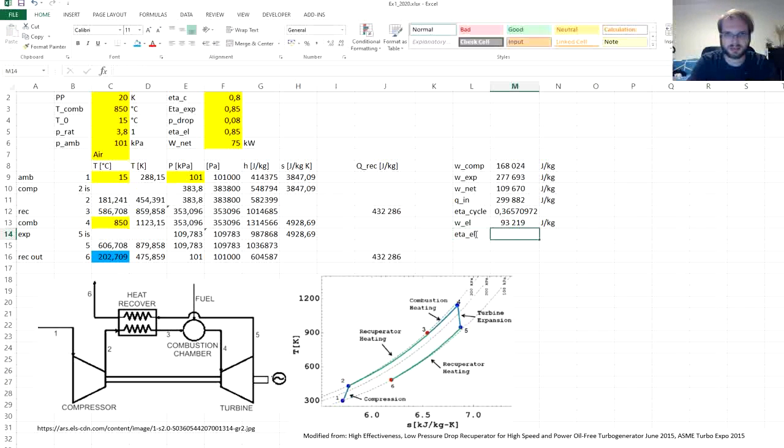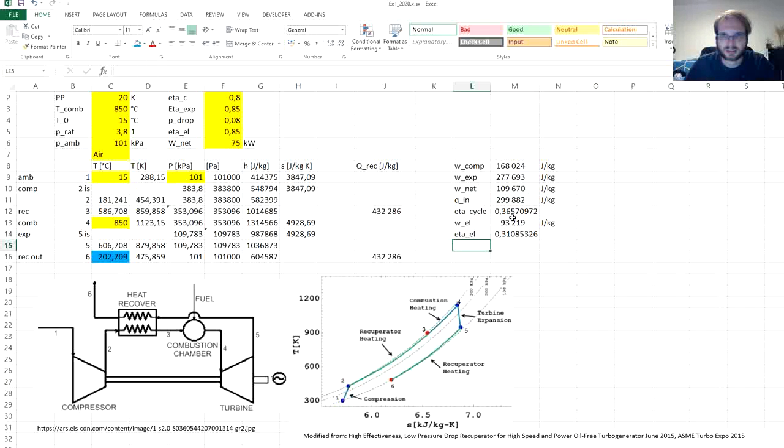So the electrical efficiency of this microturbine would be the electrical power output divided by heat input in the fuel, which stays the same.